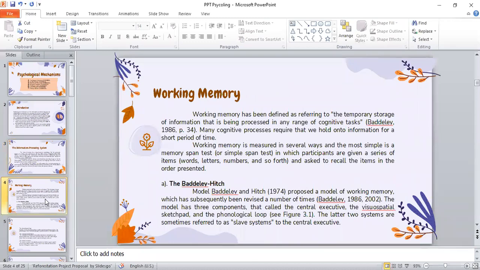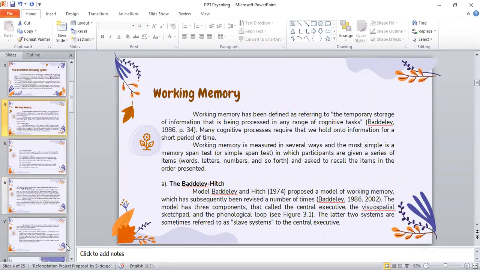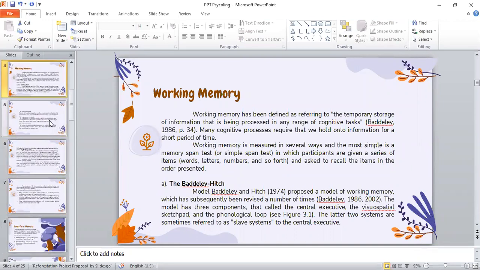Okay, the first is working memory. Working memory has been defined as referring to the temporary storage of information that is being processed in any range of cognitive tasks, by Fidhliya, 1986. Many cognitive processes require that we hold on to information for a short period of time.